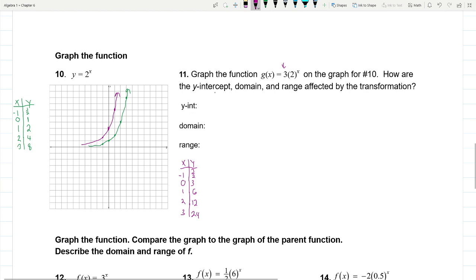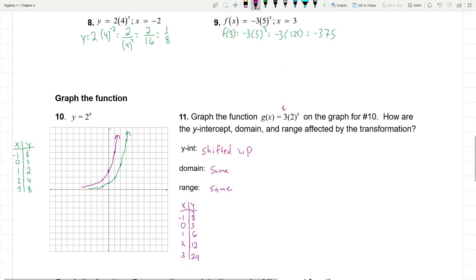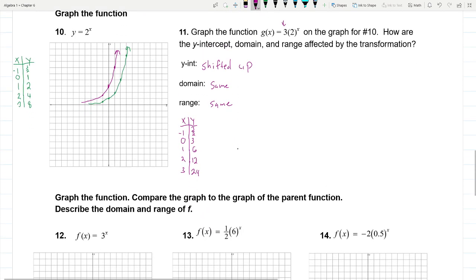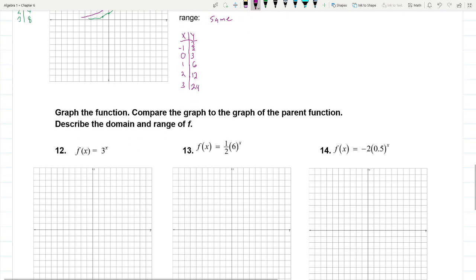The only real difference is that the y-intercept gets shifted up. The domain stays the same, and the range stays the same, because we still have the same values for x and the same values for y. There is a way to change those, and we'll talk about that at a later time.